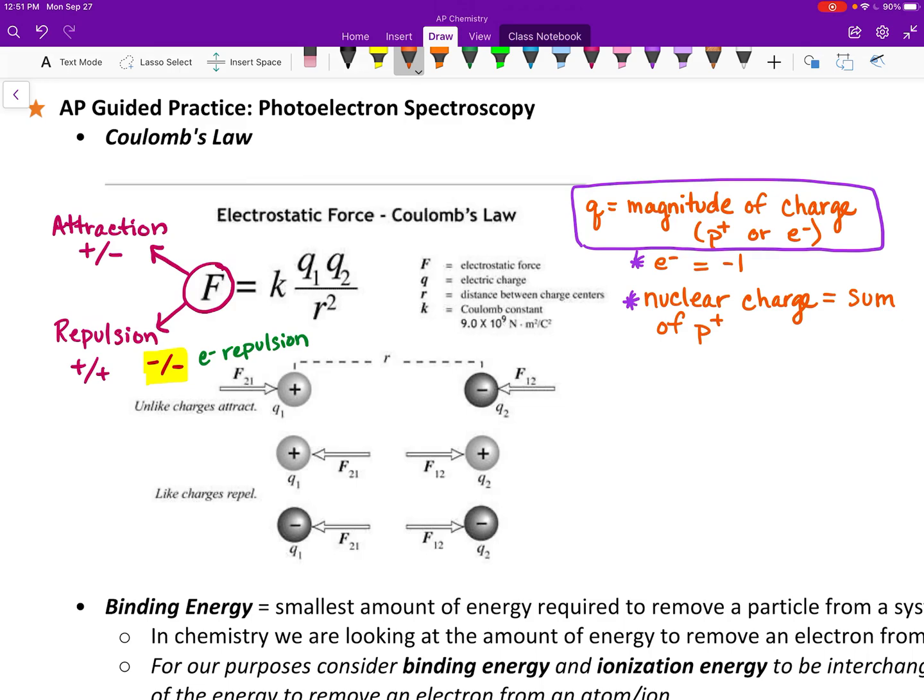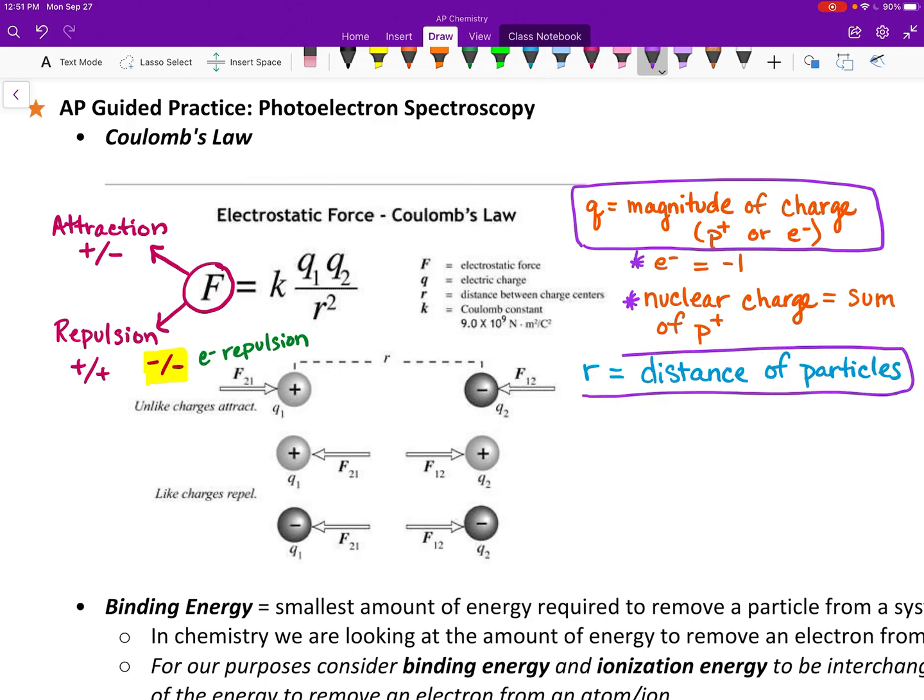The other thing that we have is our R value. R is the distance of particles. With these, we know that as the distance electrons are away from the nucleus increases, the further those electrons are away.